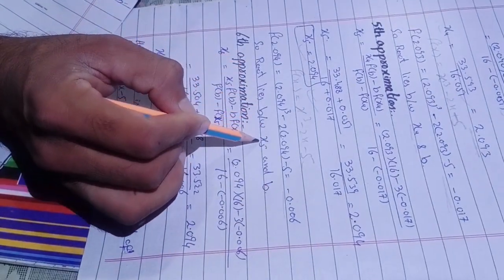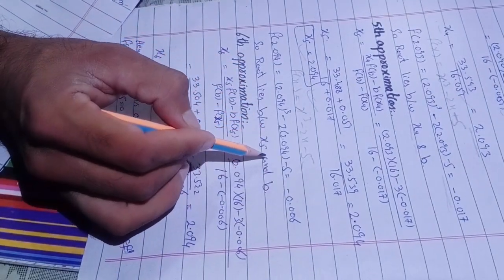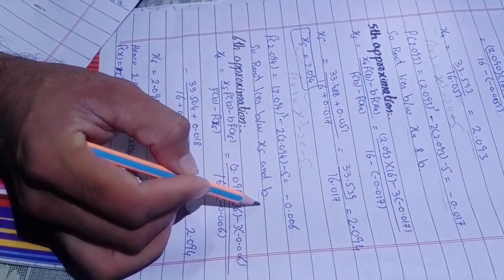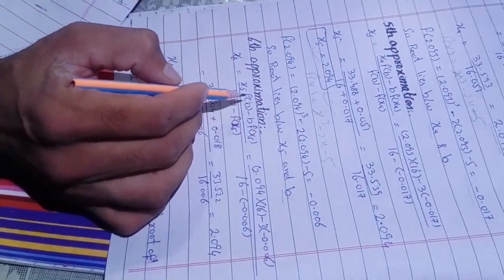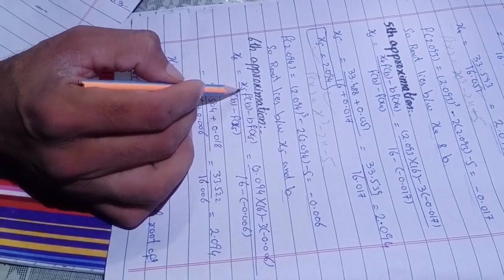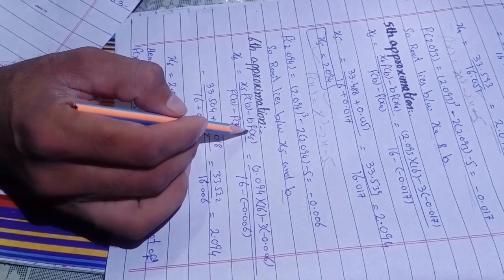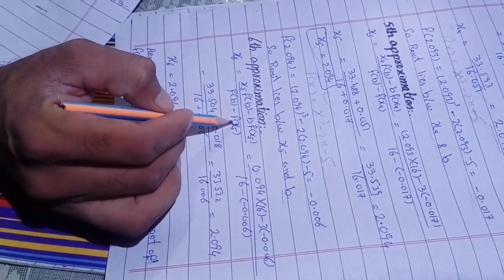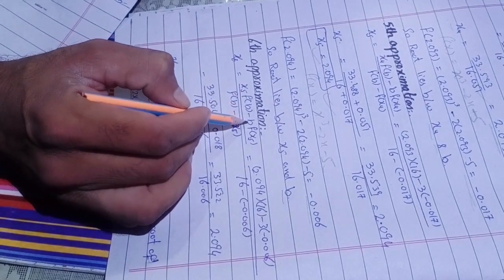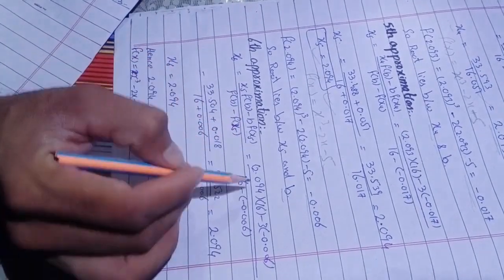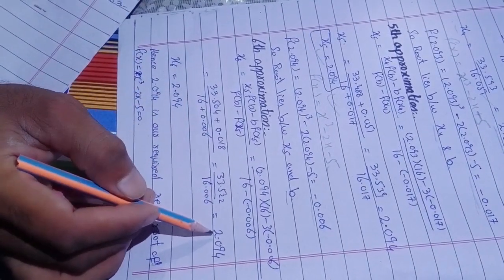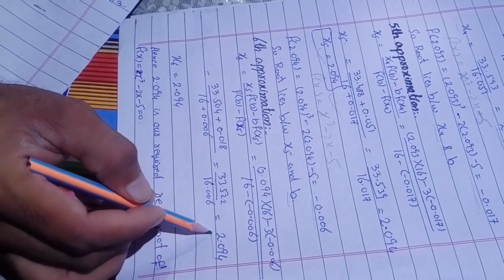So the root lies between a negative value and a positive value: the negative value is x5 and the positive value is b. So the sixth approximation is x6 equal to x5 into f of b minus b into f of x5, divided by f of b minus f of x5. Putting in x5, f of b and f of x5 and solving, its answer is 2.094 again.